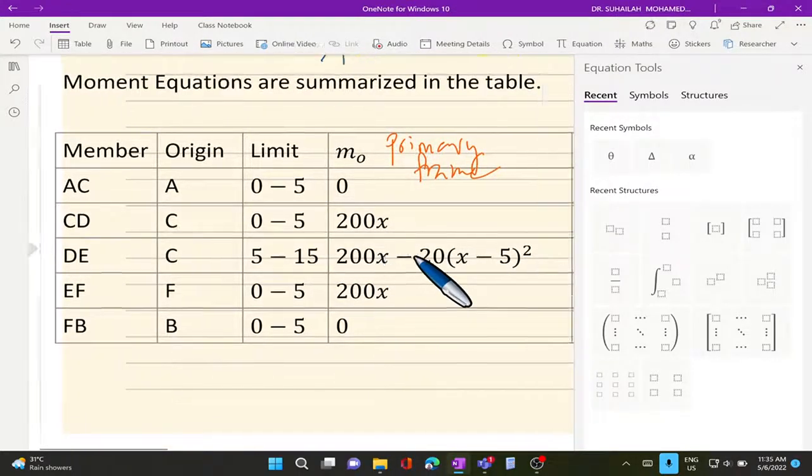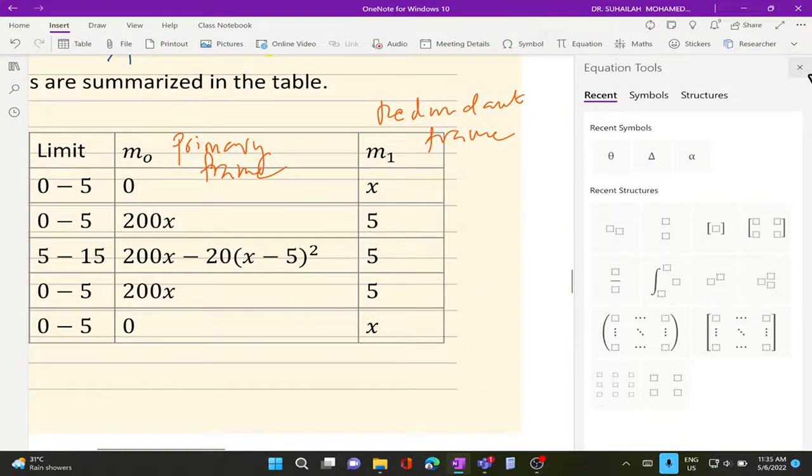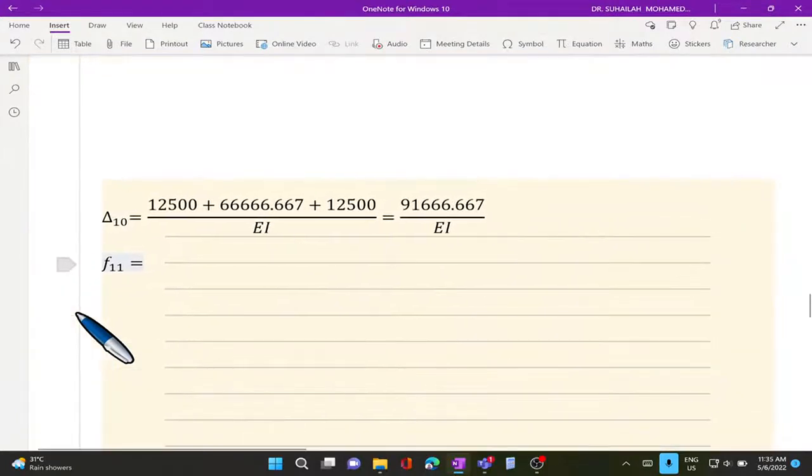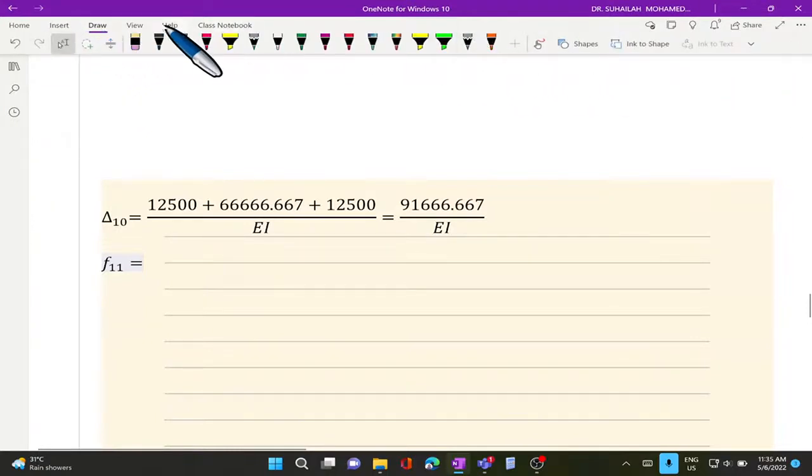Refer back to the table. The first value is 41.667.